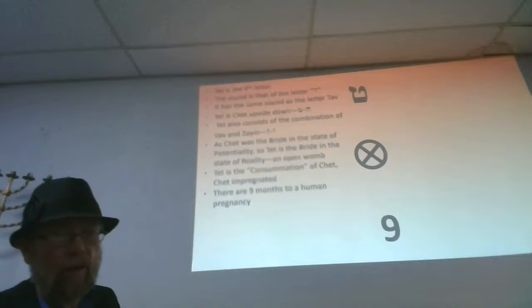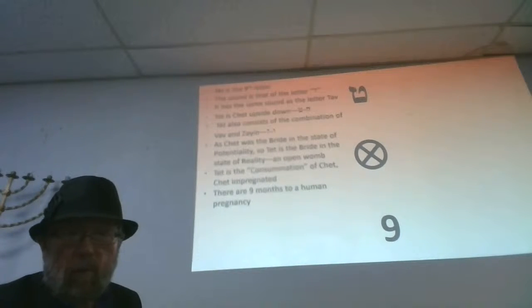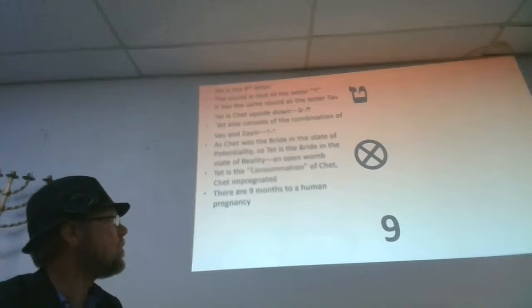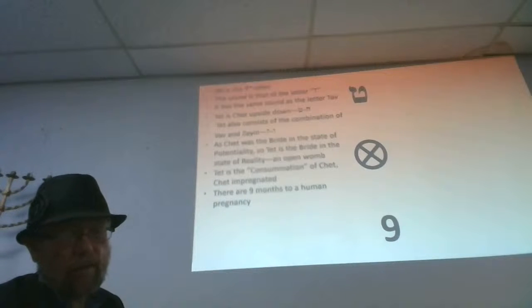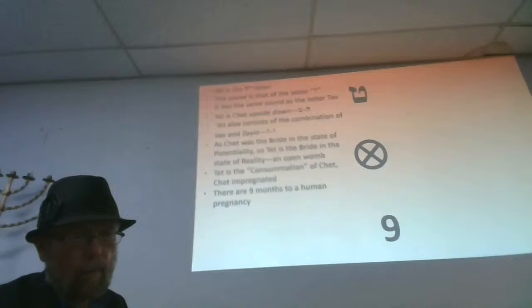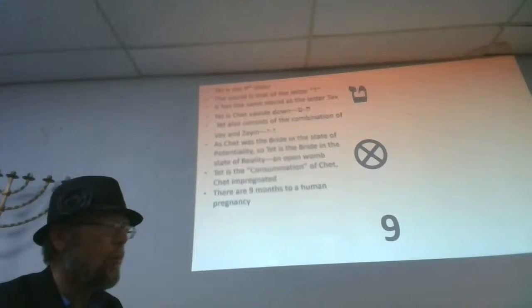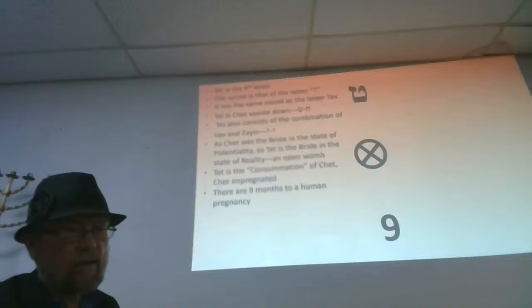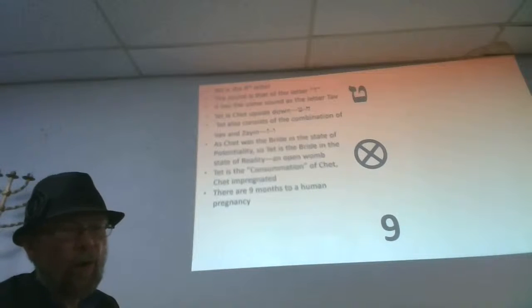And we're not going to get to the numerology of Tet tonight. But there are 9 months to a human pregnancy. From conception to birth is approximately 9 months in the normal average human pregnancy. And so Tet is the consummation, and the conception, the impregnation.